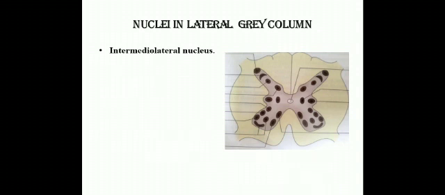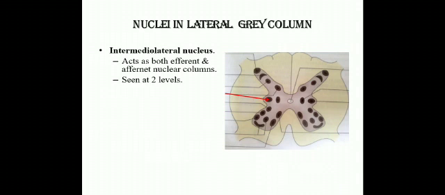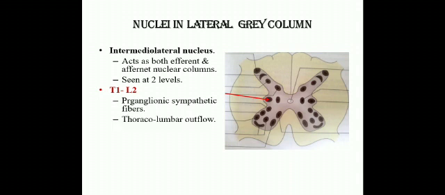So, now nuclei in the lateral grey column. It includes the intermediolateral nucleus, which acts as both efferent and afferent nuclear columns. It is seen at two levels. T1 to L2 segments give rise to preganglionic sympathetic fibers, so it is known as thoracolumbar outflow.